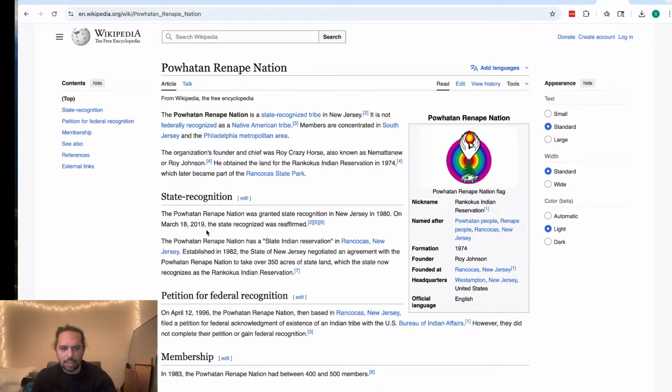On March 18th, 2019, the state recognition was reaffirmed. Okay. The Powhatan Lenape Nation has a state Indian reservation in Rancocas, New Jersey. The state of New Jersey negotiated an agreement with the Powhatan Lenape Nation to take over 350 acres of state land, which the state now recognizes as the Rancocas Indian Reservation.